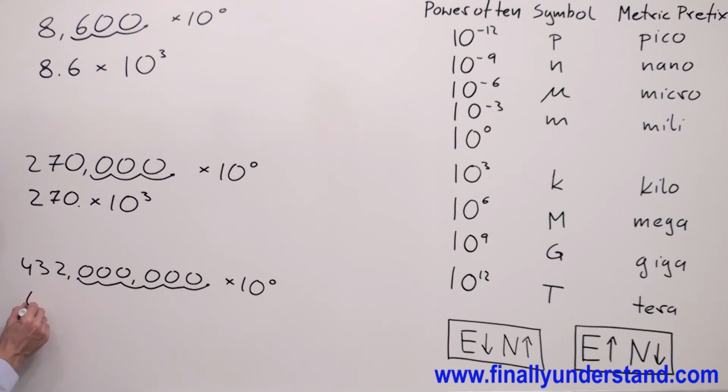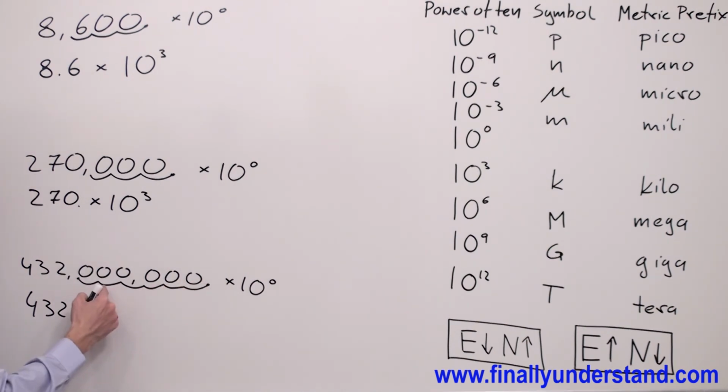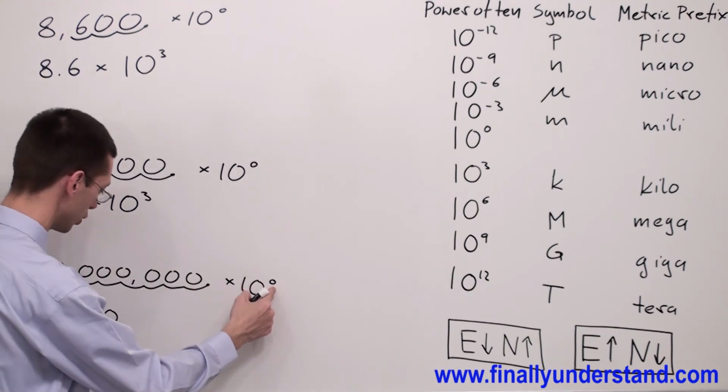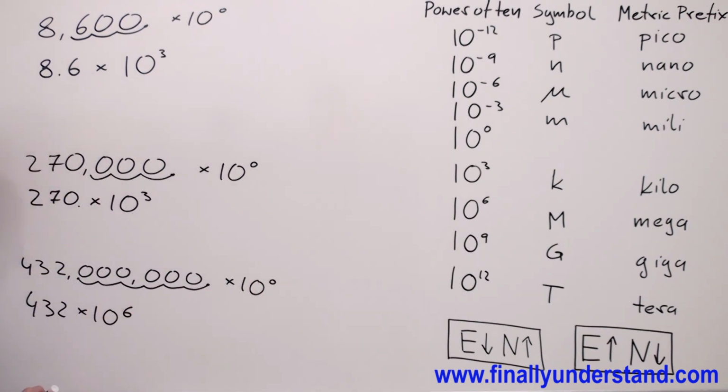So I'm going to copy this down: 432 times my power of 10. I moved my decimal point 6 times to the left. My number gets smaller, so the exponent has to get bigger. Because I moved my decimal point 6 times to the left, I have to add 6 to 0. 0 plus 6 is simply 6.